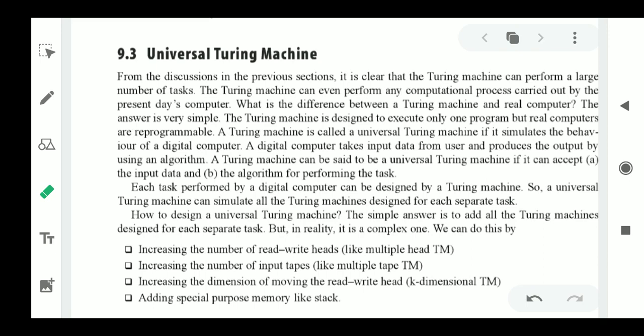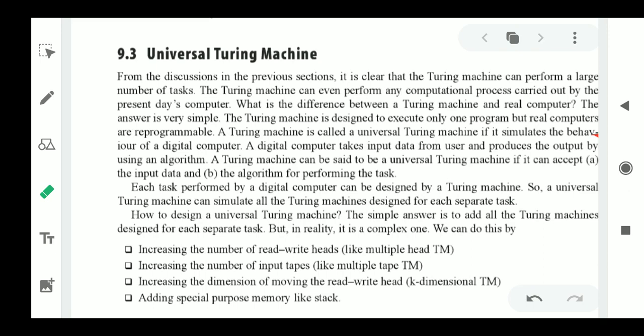It will take the input, process the input, and give output to the user. So we can compare the universal Turing machine with our digital computer. A Turing machine is called a universal Turing machine if it simulates the behavior of a digital computer. That's a very important point you must understand. And you all know a digital computer takes the input, processes the input, and gives output to the user.